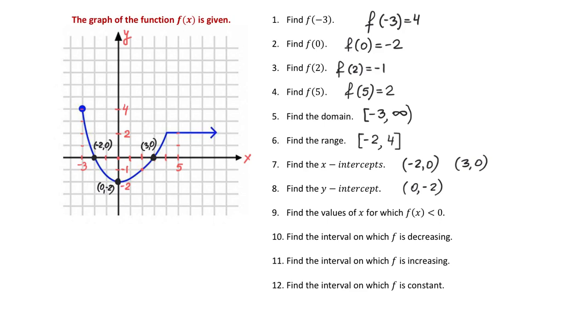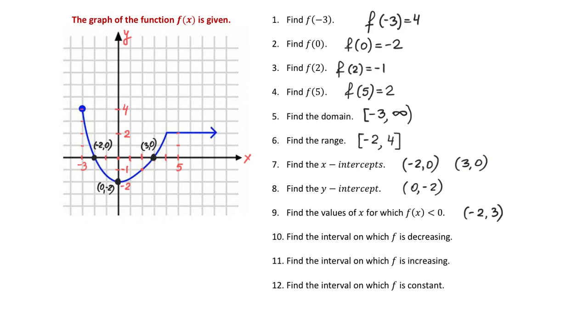So we will include only the numbers between -2 and +3, but we will not include -2 and we will not include +3, because at -2 the function is 0, and at +3 the function is 0, but we need only the values of x for which the function is below 0. So we will use parentheses to show that neither -2 nor +3 are part of the interval. We can say that the values of x for which the function is negative are all the numbers between -2 and +3.